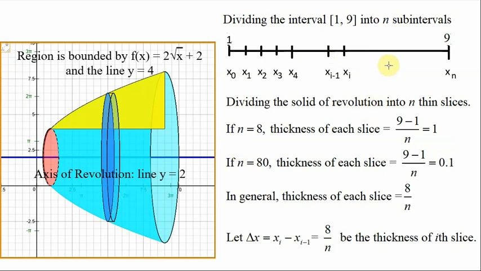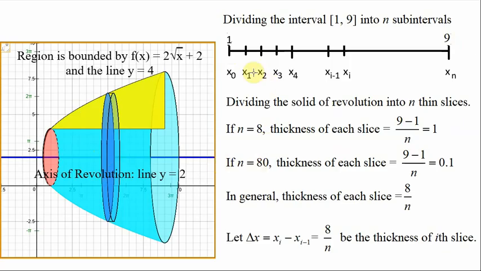When we get over to 9, this will be x sub n. Let's say that n is 8, meaning we divide this interval into 8 sub-intervals. Then the length of each sub-interval would be 1, since (9 minus 1) over 8 is 1. And so the thickness of this disk is also 1.